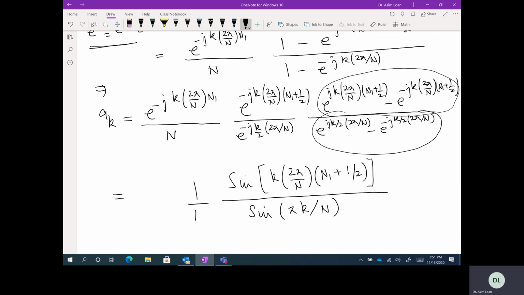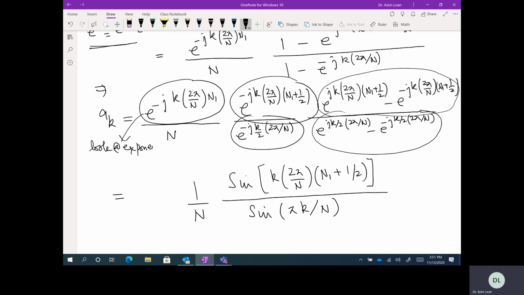There is this 1 over n over here. What about this term? If you look at these terms, 2 pi k over n is common. So look at the coefficients of 2 pi by n k in the exponent.